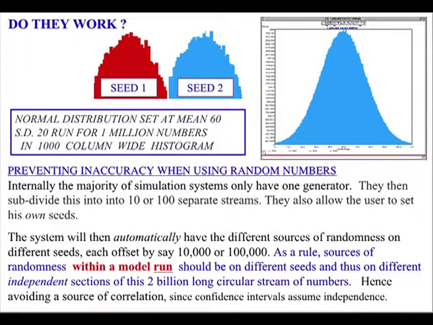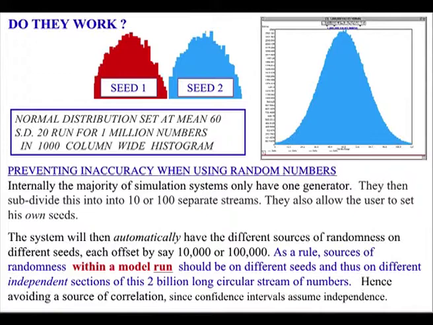So do they work? So here we have a diagram and chopped off distribution for normal. A normal distribution set at mean 60, standard deviation 20, and run for 1,000,000 numbers in a 1,000 column wide histogram. The larger diagram shows the shape of the normal distribution curve in this 1,000 wide histogram.